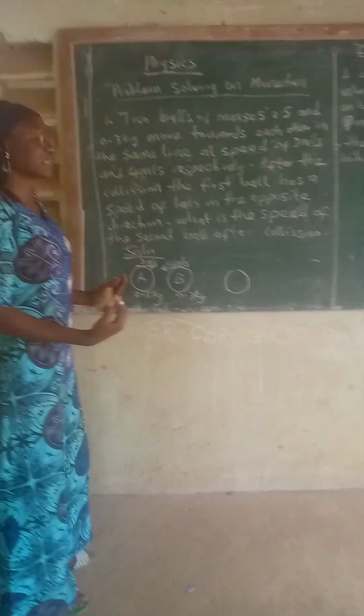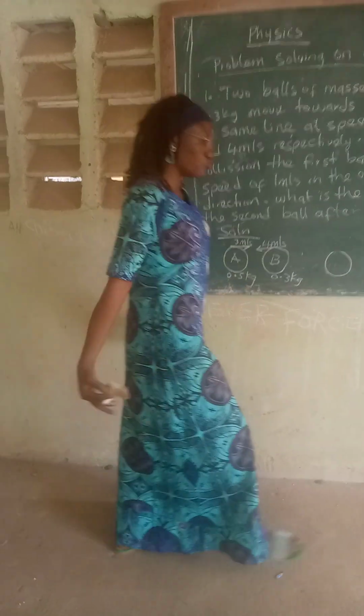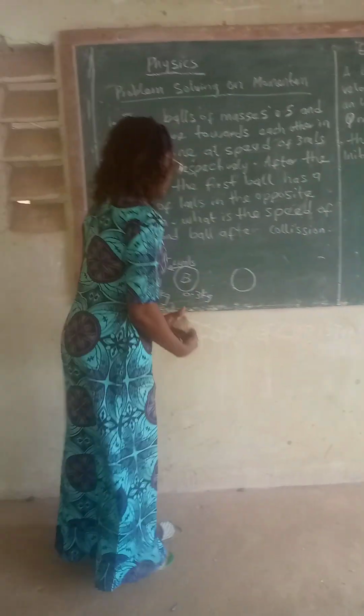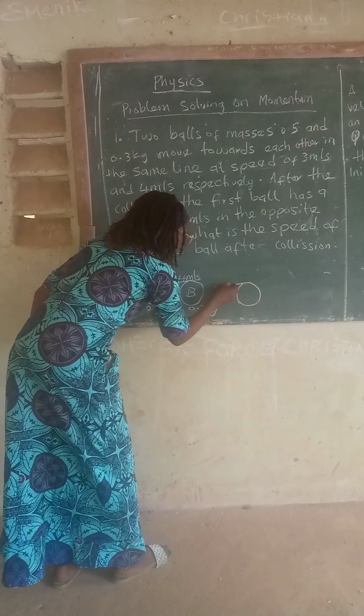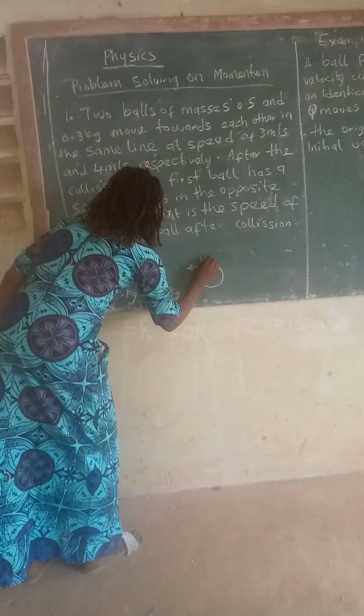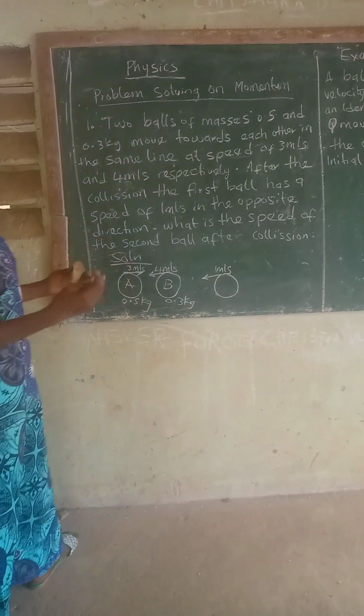Let's assume that after collision, the body is expected to move in this direction. So if it's in the opposite direction, it means our direction will be this way. So we have 1 meter per second, in the opposite direction.